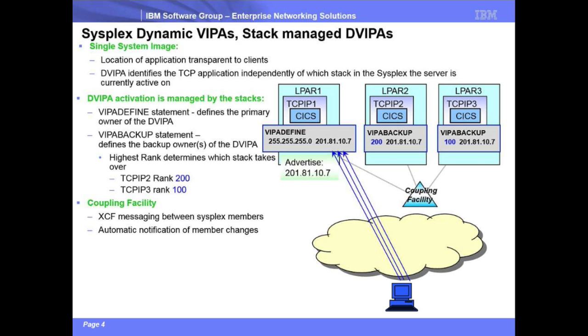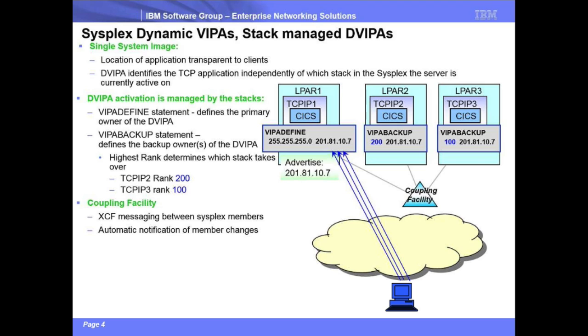In the event of a failure of either LPAR 1 or TCP/IP1, one of the highest ranked backup stacks in the Sysplex will take over. So in this example, since TCP/IP2 is configured with a VIPA backup statement of 200, outranking the VIPA backup statement on LPAR 3, TCP/IP2 would take over in the event of a failure.